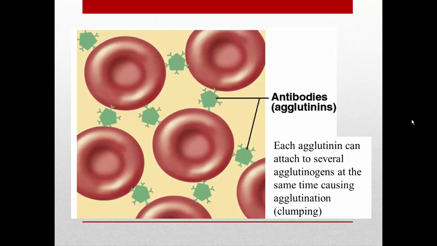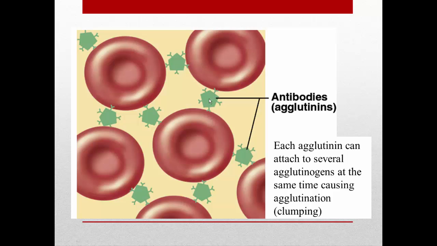Now, what these antibodies do is shown in this picture. Here's an antibody here. The antibody has little arms on it, let's say. We'll call them that. We'll see what the antibody structure looks like when we do the immune system. But those little arms here, they can attach to the antigens that are found on the red blood cell.